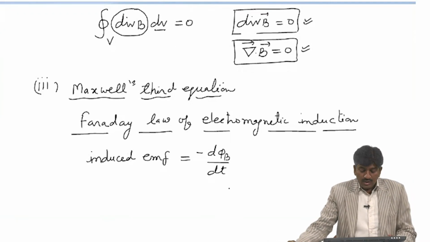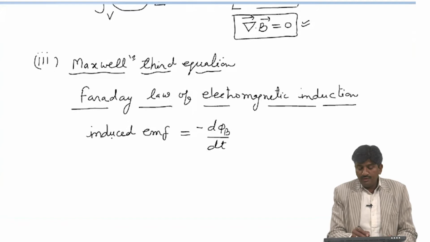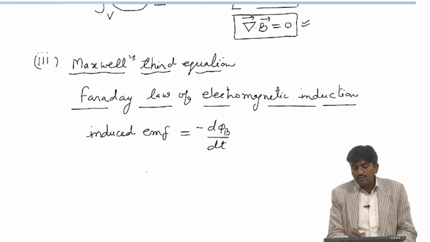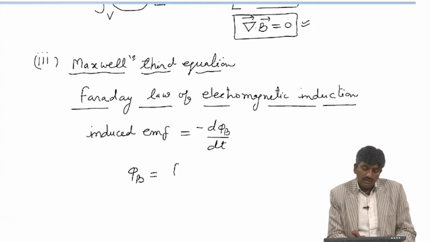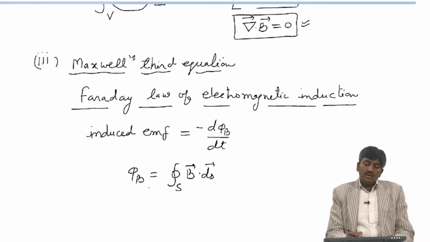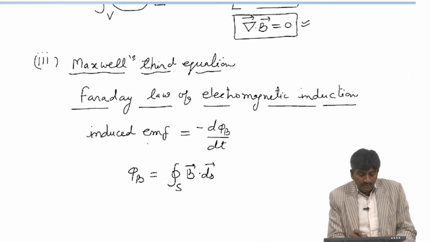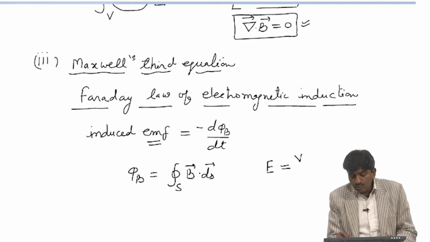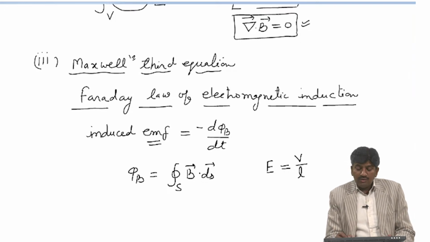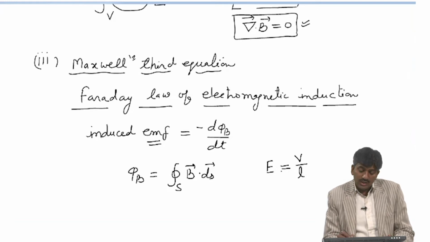And phi b, we know, is the surface integration of magnetic field, this is magnetic flux. And for induced EMF, we know that electric field is equal to the potential gradient.